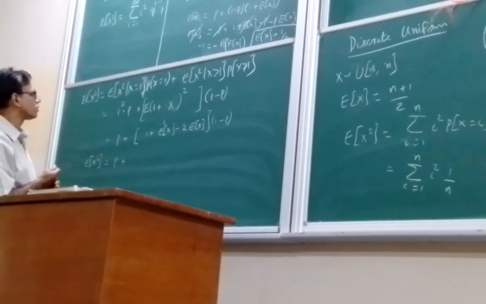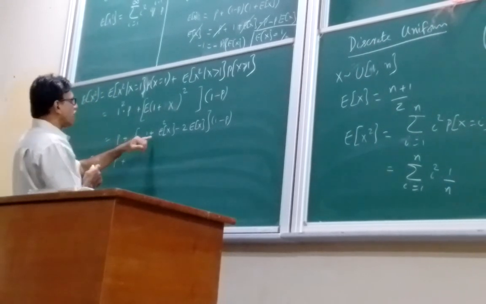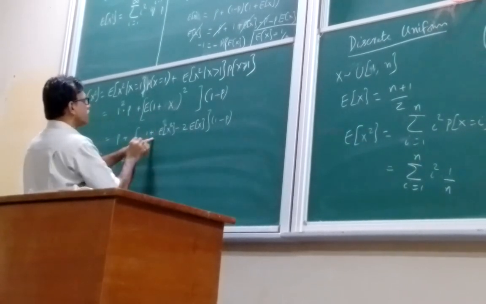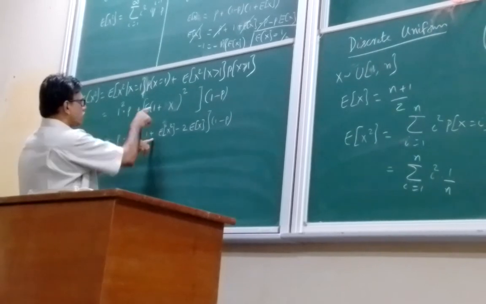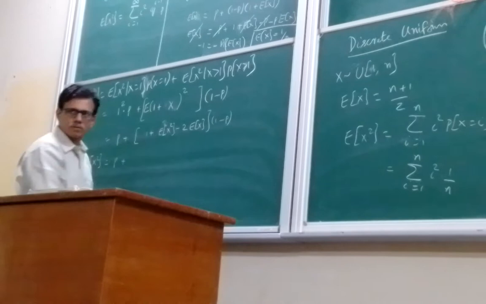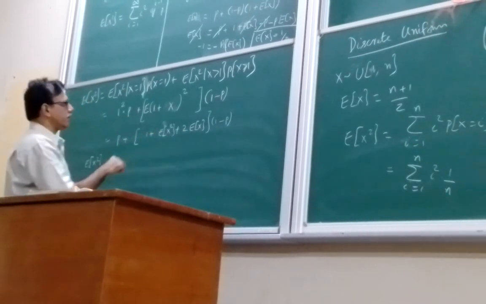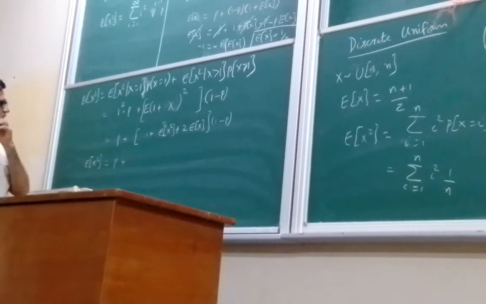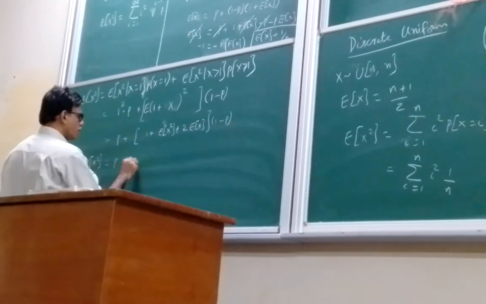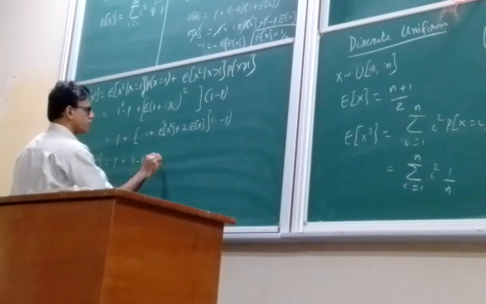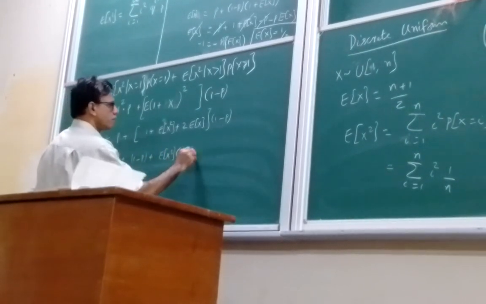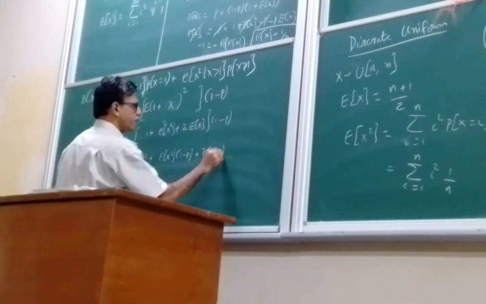So it is 1 plus E of x squared will be there, plus this becomes 2x, one expectation, 2 into E of x. And this is plus 1. So then it becomes 1 minus p plus E of x squared into 1 minus p plus 2 into 1 minus p.